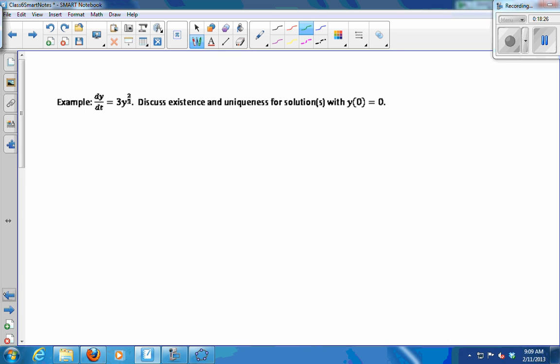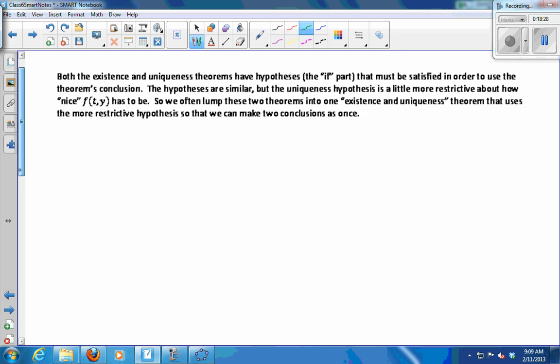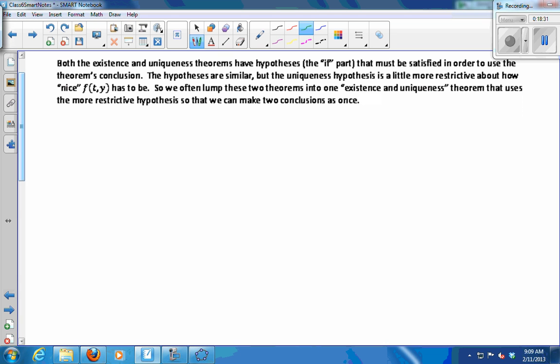All right, so let's go back. If you notice, both the existence and uniqueness theorems have hypotheses. The if part of a theorem is called the hypothesis. They have to be satisfied in order to use the conclusion. The hypotheses for the two theorems are similar. One of them says that the right-hand side of the equation has to be continuous. That's existence.